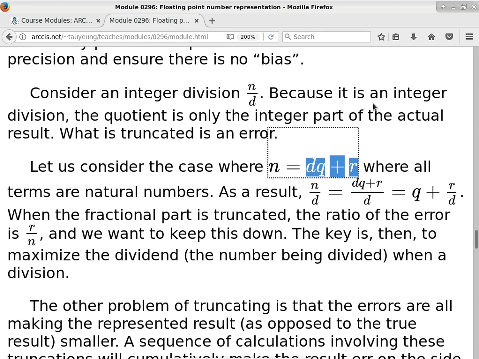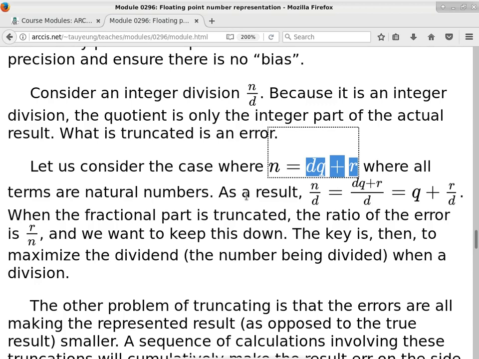Okay, and d can also stand for denominator. Is that making sense so far? Okay. But since n is an integer, I can always express it as dq plus r for some q and some r. Is that okay so far?